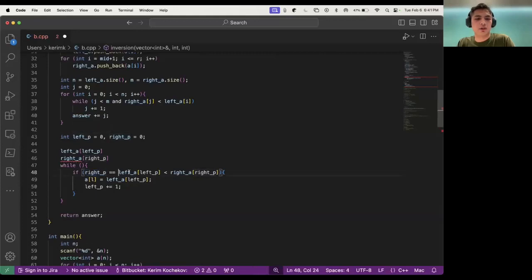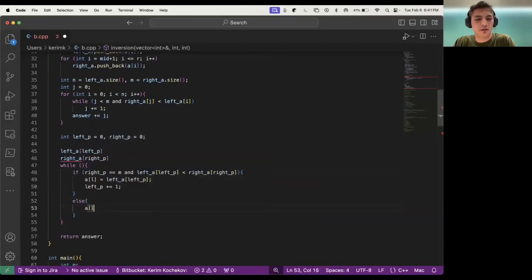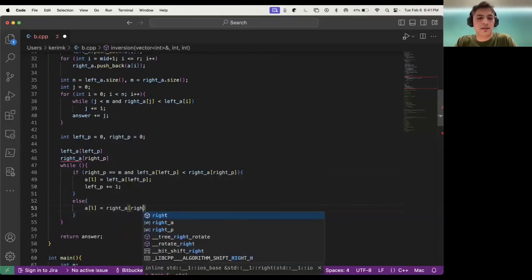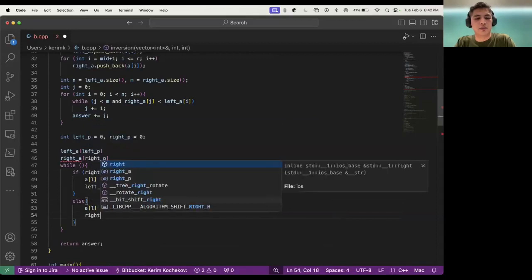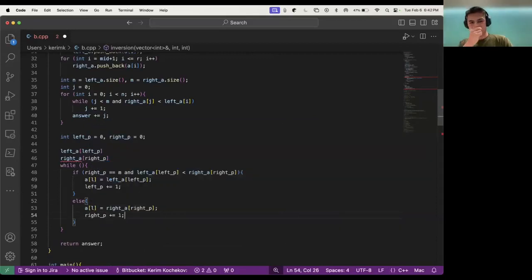M. M is the size of the right part. Otherwise, we just put the next smallest element of the entire left to right array, right A's right P. And we don't forget to increase the right pointer. And whenever we put the smallest element, we increase L here. L was showing the leftmost point. Now it's increasing to the right.